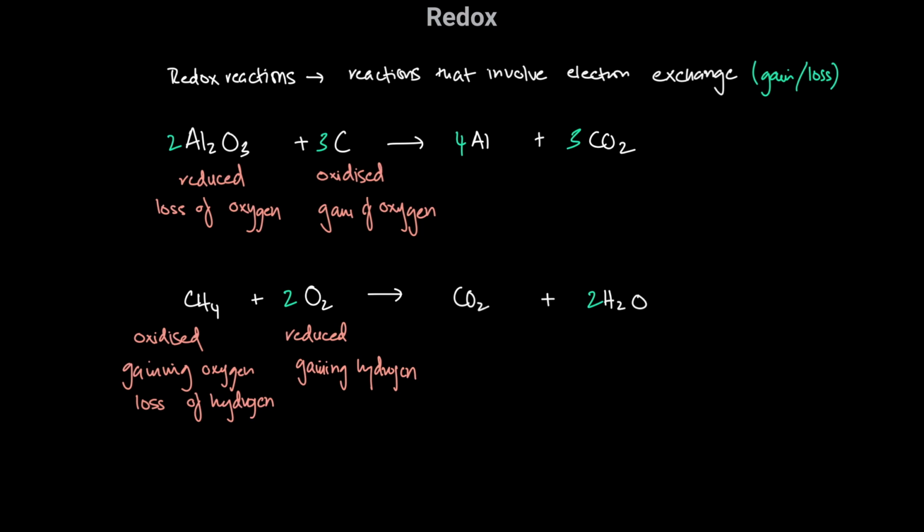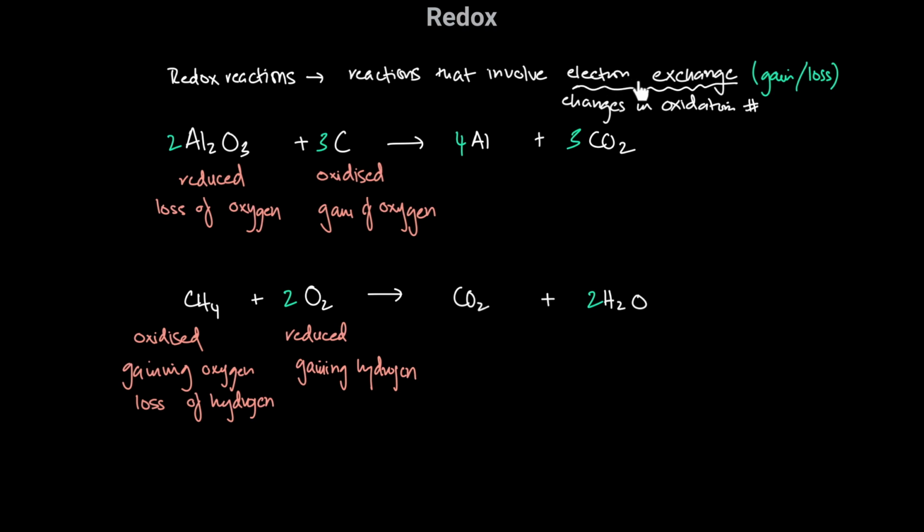But this will always be true: reactions that involve electron exchange, gain and loss of electrons, or reactions that involve changes in oxidation number will be referred to as redox reactions.